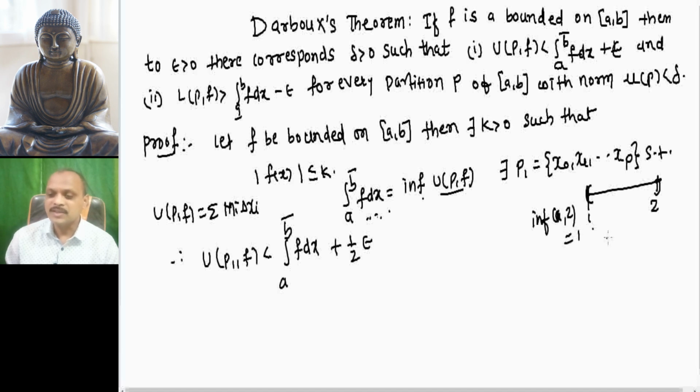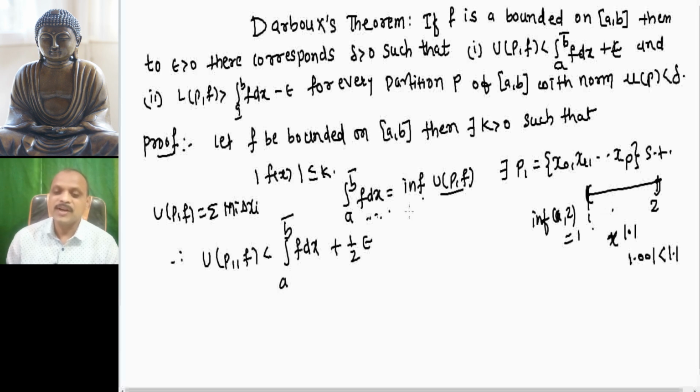So if we take 1.1, then there exists, suppose this is a point x, one point, for example 1.001, which is greater than 1 and smaller than 1.1. So this number is smaller than 1.1, and this is a member of this set. So a similar criterion is applied here.